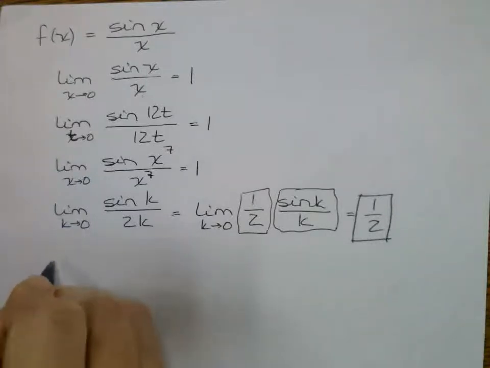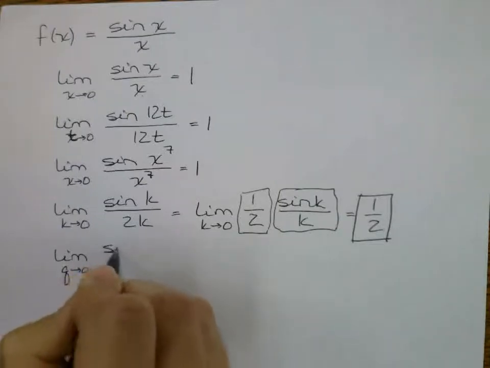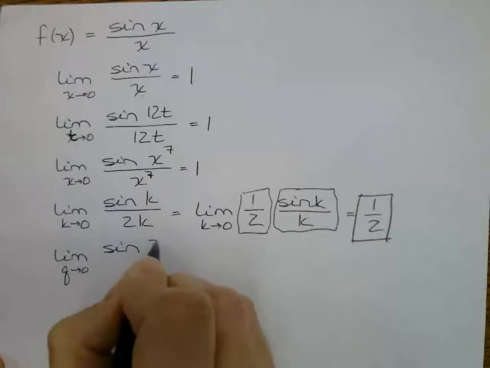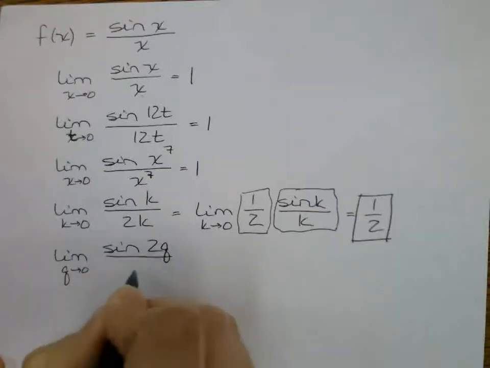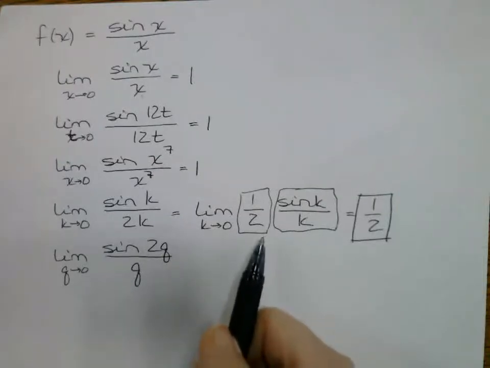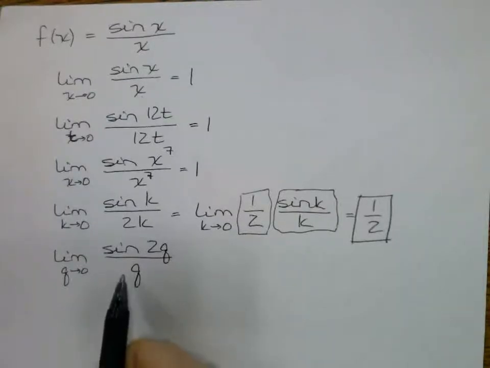What if I have something like the limit as q goes to 0 of sine 2q over q? What if the 2 is up here instead of on the bottom? We can't do exactly the same thing that we did up here, and I'm going to look at this and say, oh, I really wish there was a 2 down here on the bottom.